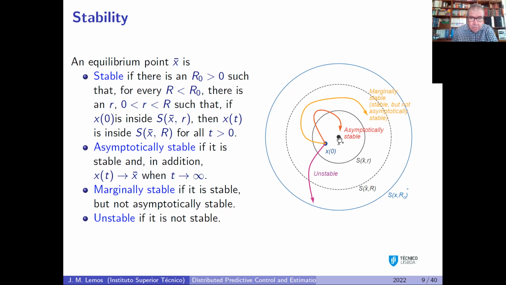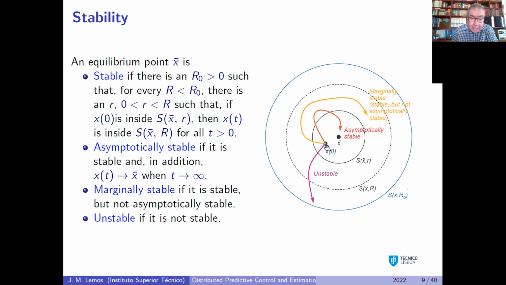The point is said to be asymptotically stable if, in addition to being stable, all the trajectories return to the equilibrium. Okay? The equilibrium points that are stable but not asymptotically stable are sometimes called marginally stable or just stable. So in both cases we have stability.